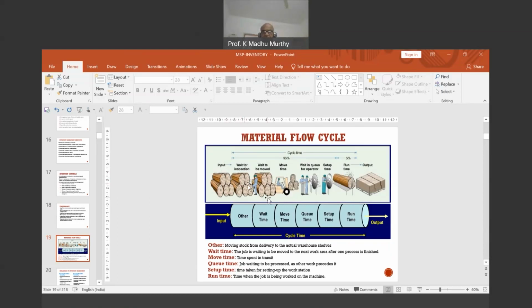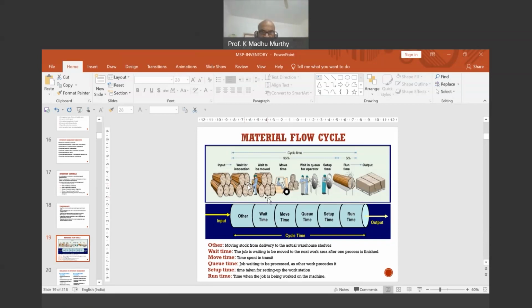So as you see, almost 95% of the time, the material is held in the inventory, just held as idle stock, and only 5% is the runtime or the processing time. So for this, we have to incur so much of carrying costs and so on.